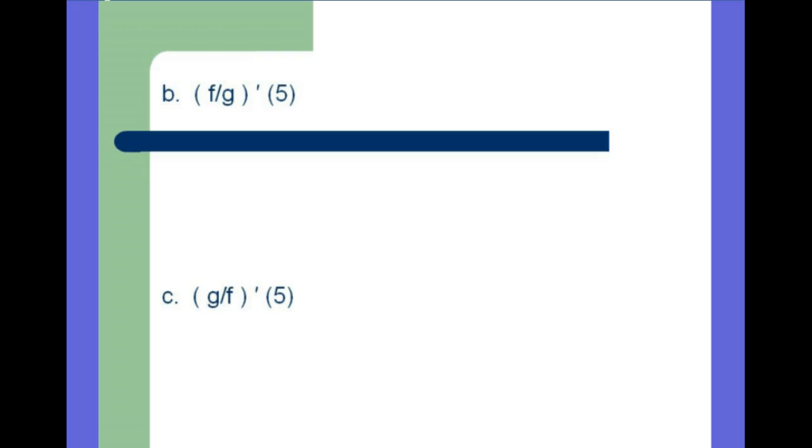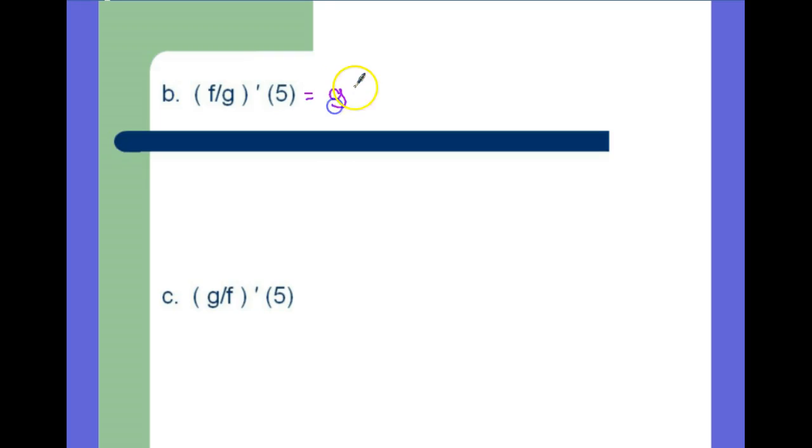Would we anticipate that f divided by g would be the same as g divided by f? Probably not, right? f and g are unrelated. They're not inverses or anything. So what we can do is find the quotient rule for each. Quotient rule is lo d hi minus hi d lo, all over lo lo.